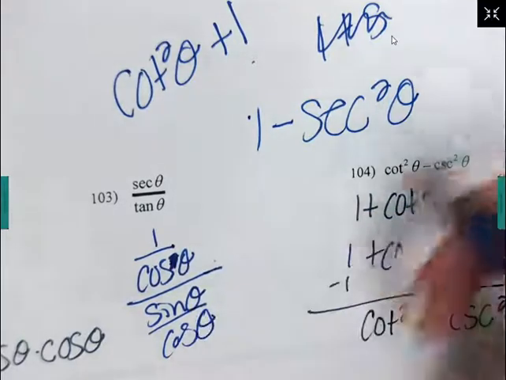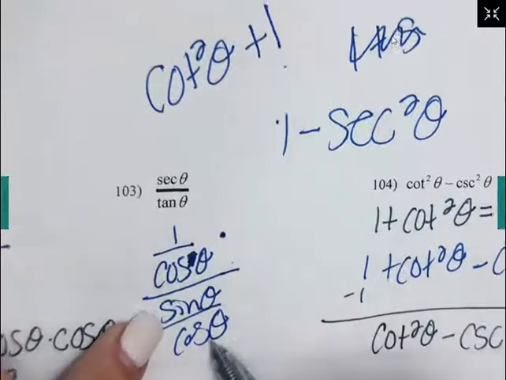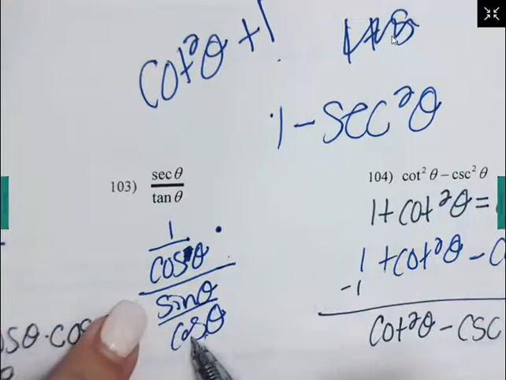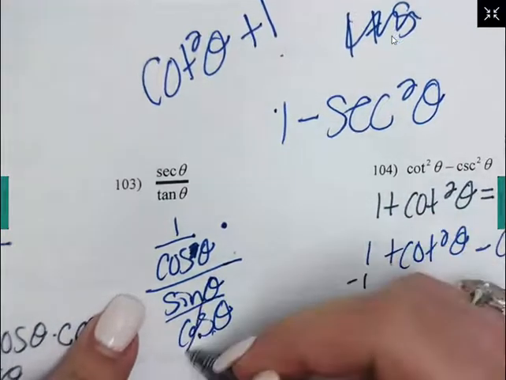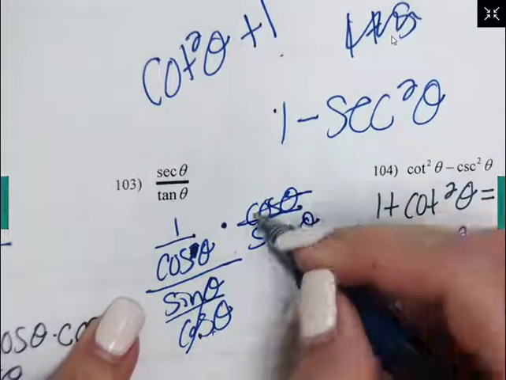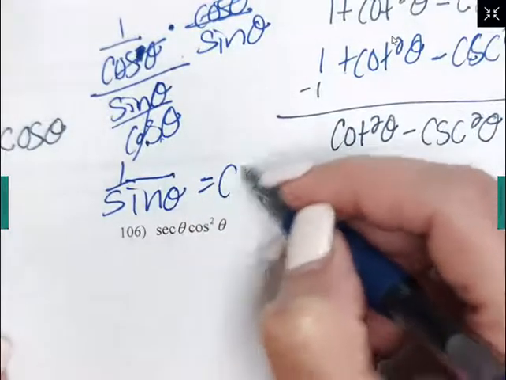Sorry. And then you look at this fraction, okay? And in this fraction, it's sine over cosine. So you do the opposite of that, which would be cosine over sine. These cancel. You have 1 over the sine of theta. And what is 1 over the sine of theta equal to? Cosecant of theta.